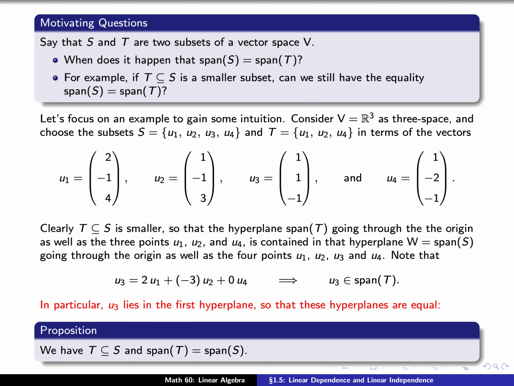That is, u sub 3 is twice u1 minus 3 u2 plus 0 u4, which actually means one of those four directions must be contained inside of the span of T. So we really don't have four directions, that is, the vectors in S. We really only have three directions. So we would say here that the span of T is equal to the span of S.